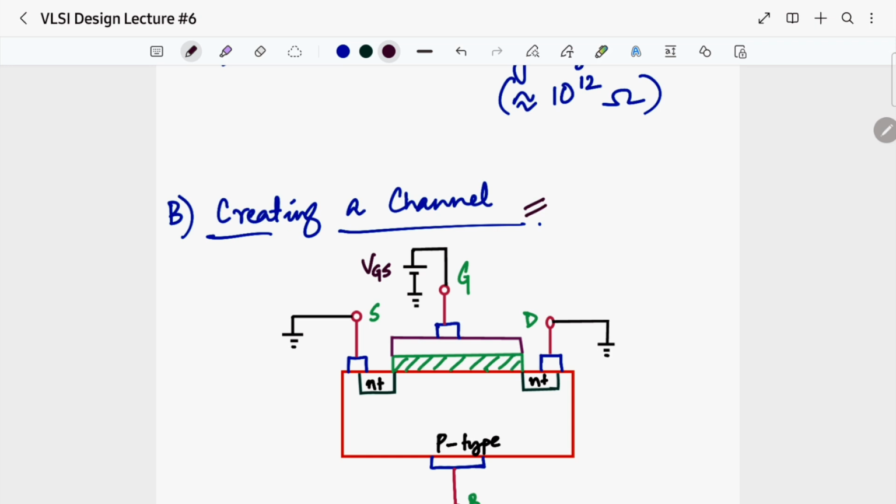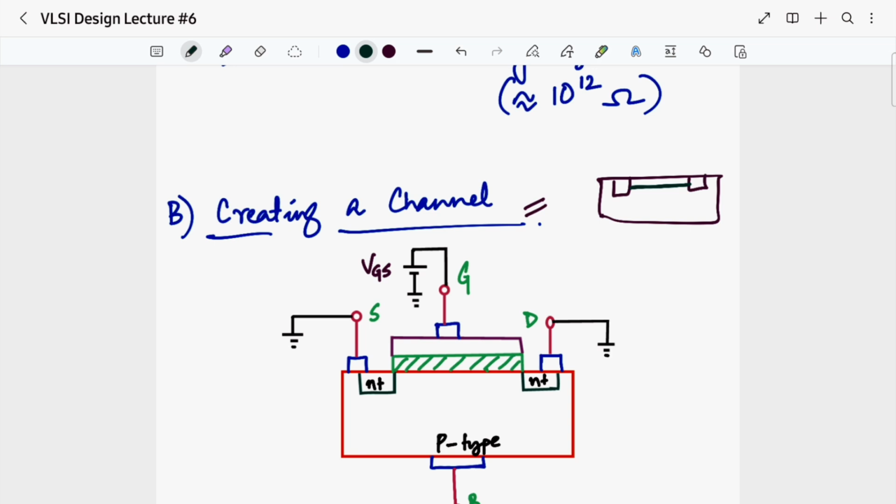You remember in our previous class we had shown you that this was our MOSFET, and within this I had shown you that it will look like a thin rectangular connection between the two N plus pockets. It does not come manufactured within the MOSFET.